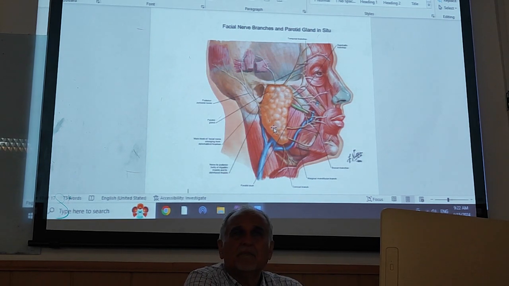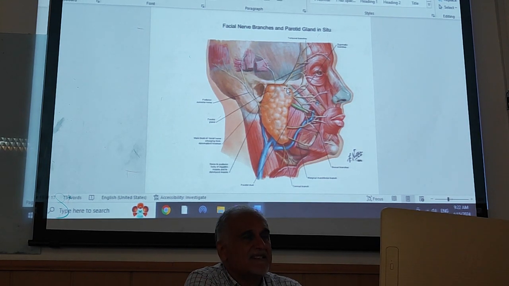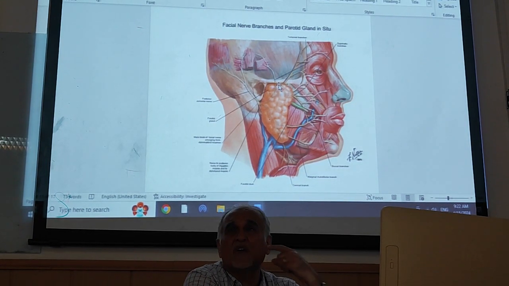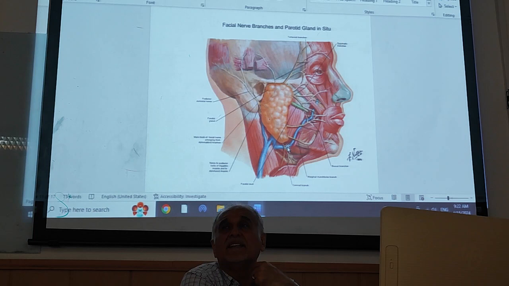The parotid gland is like a cone, the base is near the zygoma bone, and the neck reaches to the cervix, as you can see here, and this one is the anterior border of this gland.